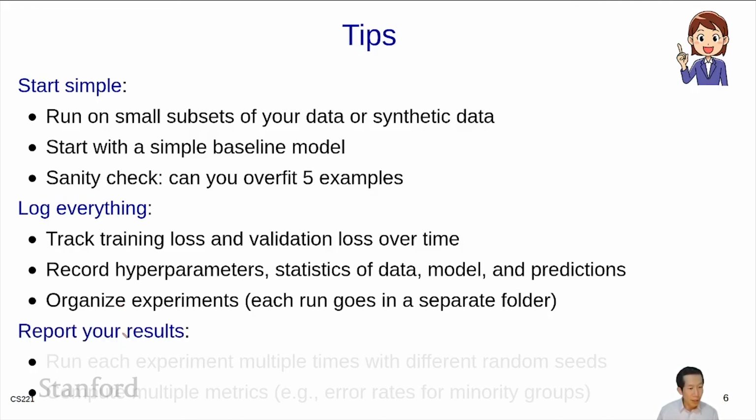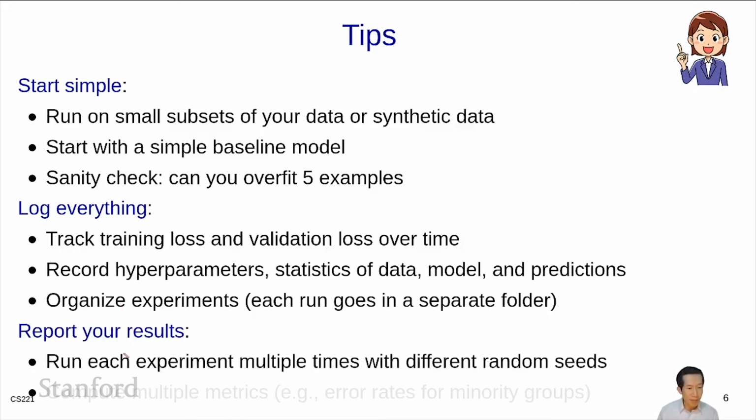And then a note about reporting your results. It's important to run your experiments multiple times, particularly with different random seeds, so you make sure that your results are stable and reliable, and then you can report the mean and the standard deviation over these random seeds.